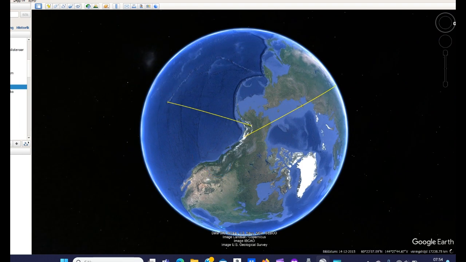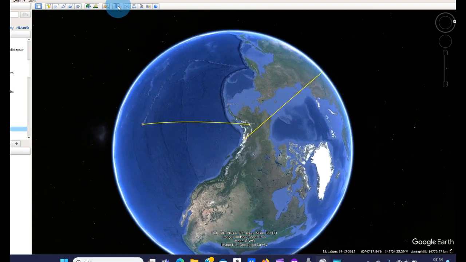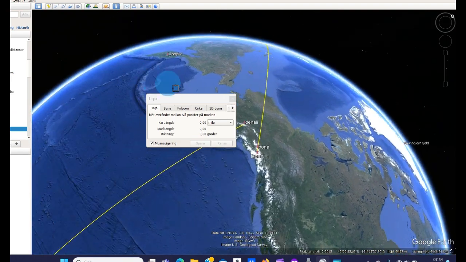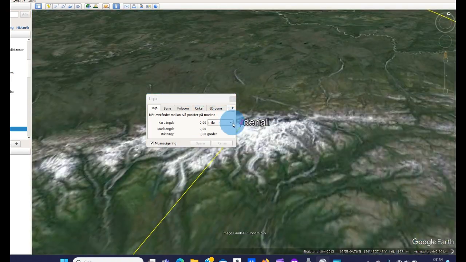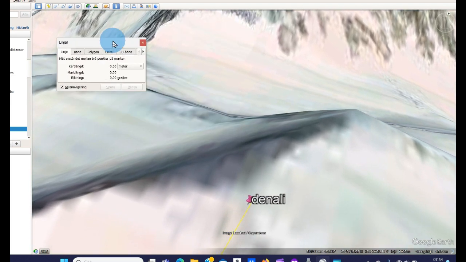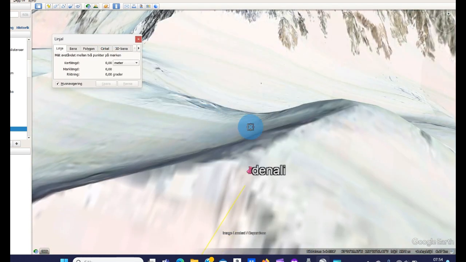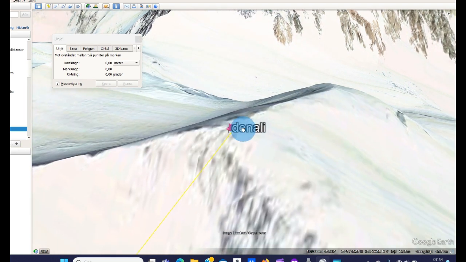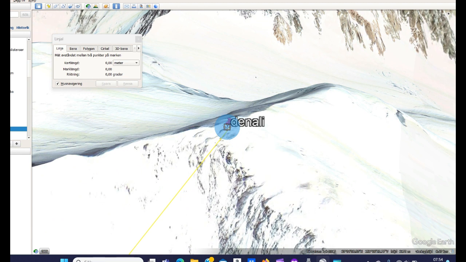So first we fly to Denali and measure to Mauna Kea in kilometers or meters. Here we are at the peak of Mount Denali. In a second or two it has cleared up. Right around here. And we'll fly to Mauna Kea from there.